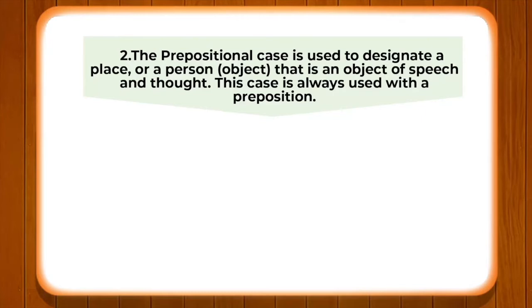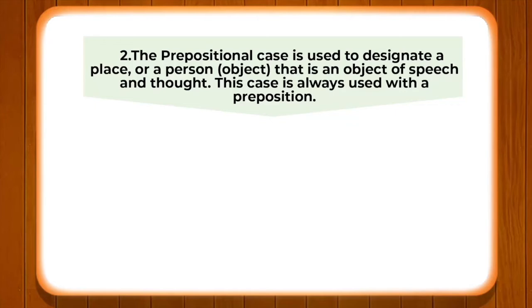Где мой брат живет? So this question где is basically used to determine where. Где мой брат живет? Он живет в деревне, in the village. So in the village, it is basically a construction of prepositional case where we have used the preposition в.